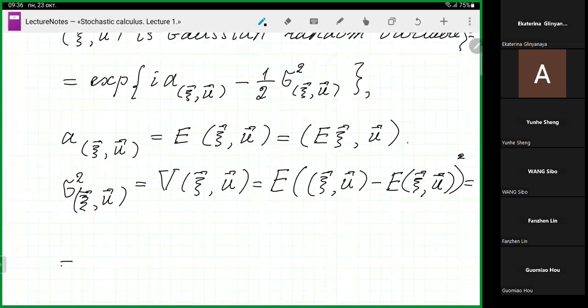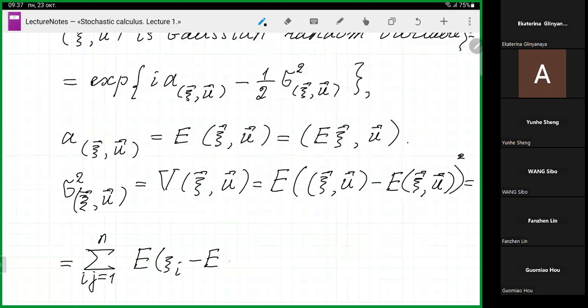Now I'm writing everything in the coordinate form, and you will see, please do it carefully, that it will be a quadratic form with respect to u, equal to the sum from i, j equal 1 to n of the expectation of (psi i minus expectation of psi i)(psi j minus expectation of psi j) multiplied by ui uj.